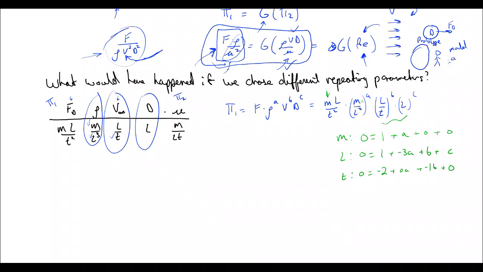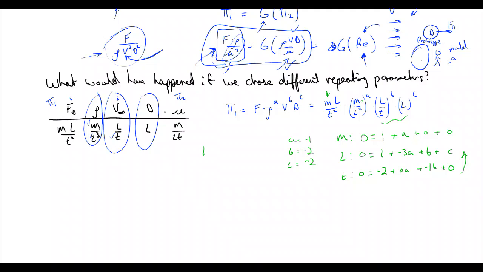Great. These are relatively easy to solve for. A is equal to negative 1. Here we can find out b is going to be equal to negative 2. And if we plug these into here, we find out that c is going to be equal to negative 2.